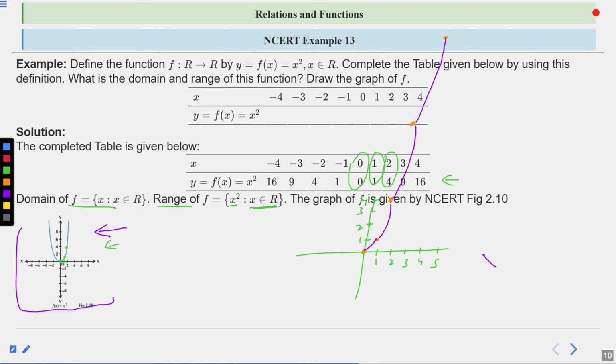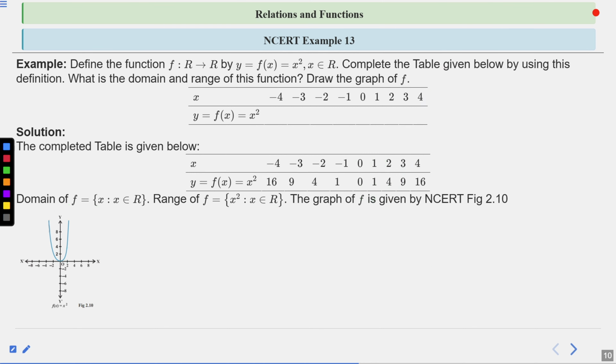So this is a way to get the idea about how my graph will look like. I hope the idea is clear to all. So moving to next.